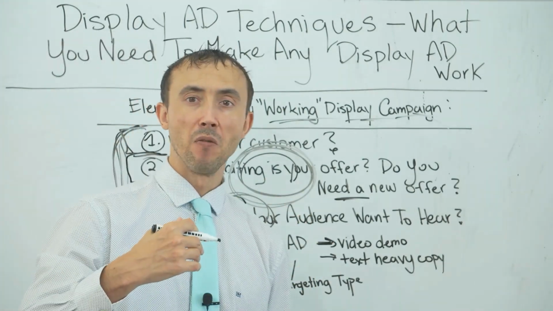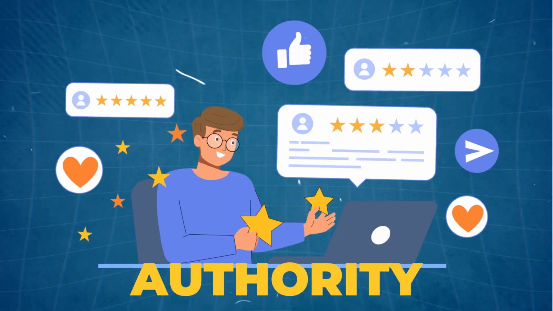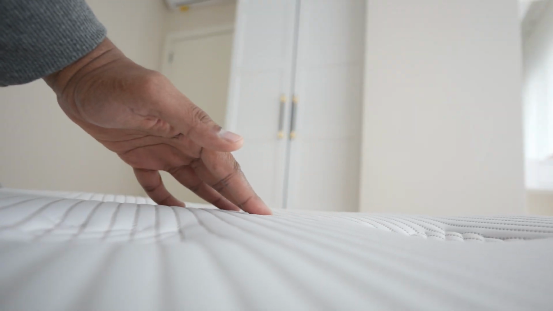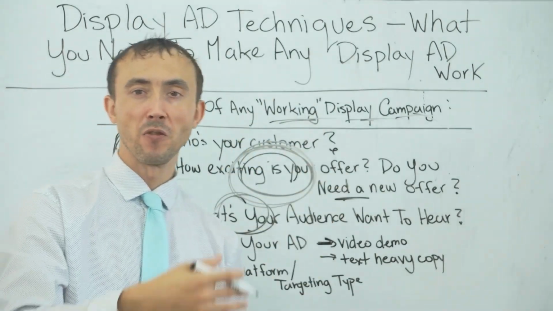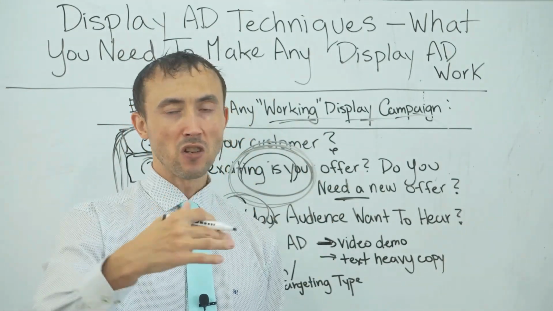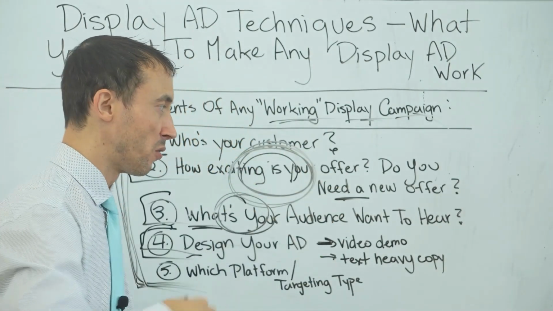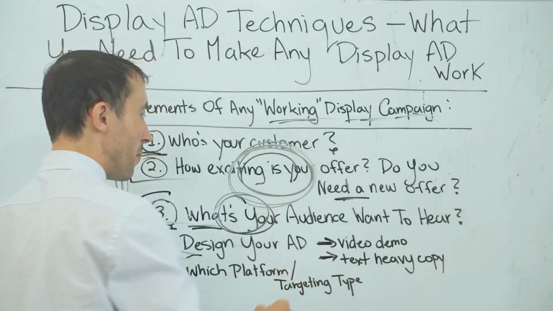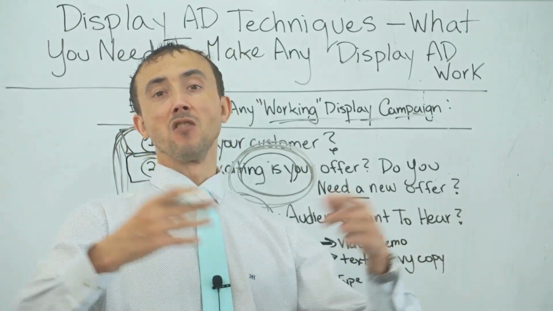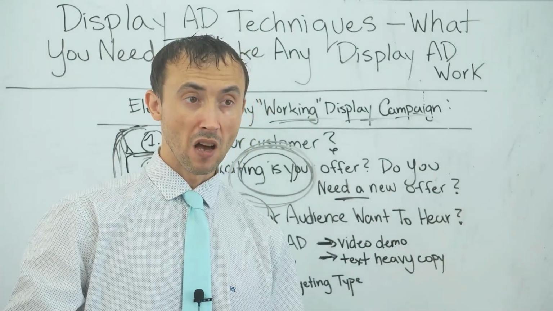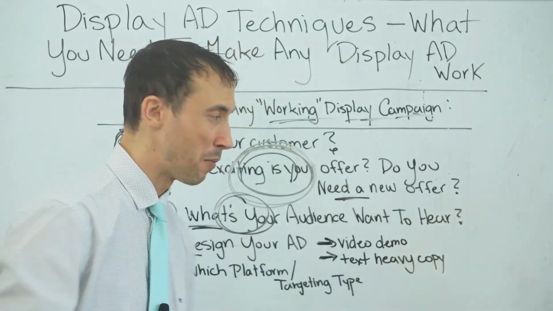Or you have an independent review authority that has reviewed your mattress, verified it's #1 for side sleepers, and then you mention that. You'll always be better off mentioning what somebody else said about you than saying it yourself. Unless there's very little competition in your space, and then a lot of times just saying it yourself is already going to get you enough profitability to scale your campaigns with.